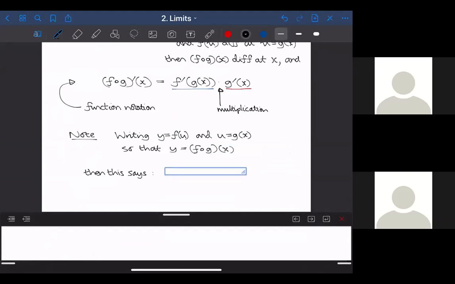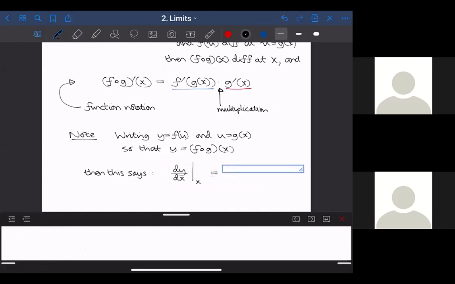It says that the derivative of the function g then f on the left-hand side, and that's dy by dx at x, is equal to the product of two things.